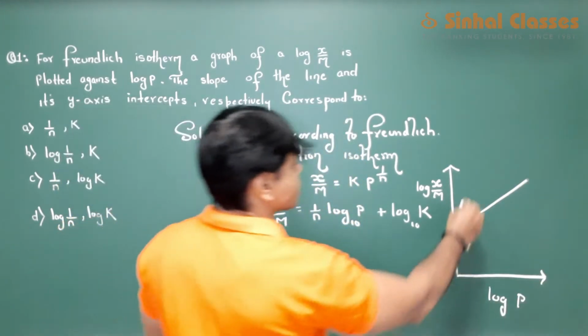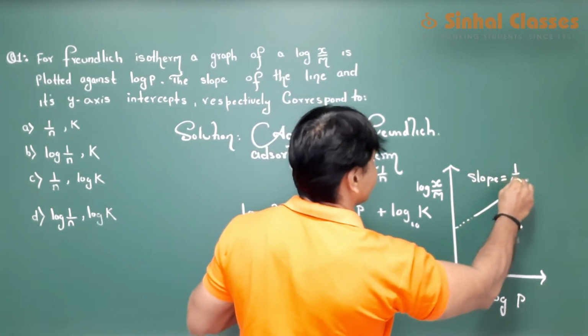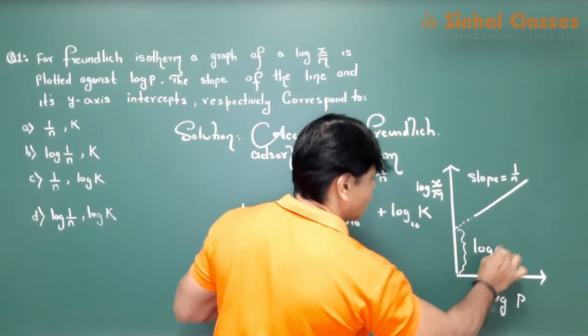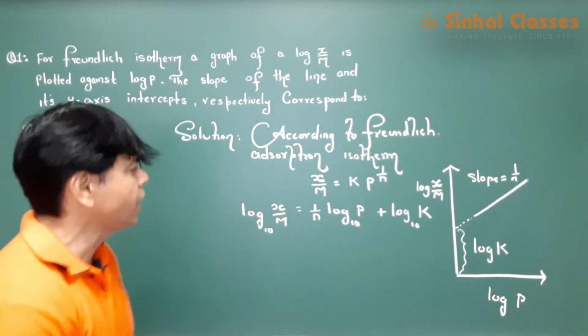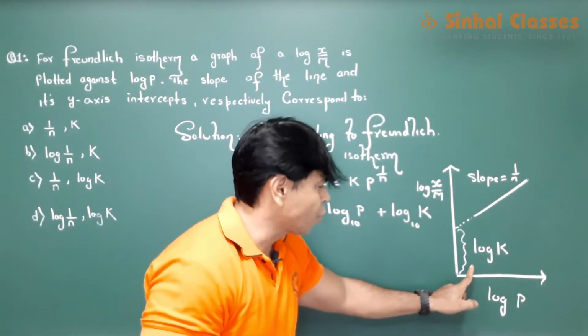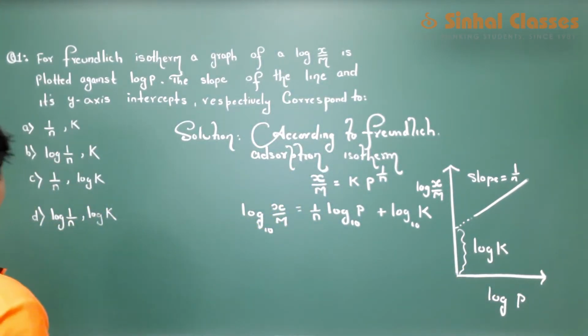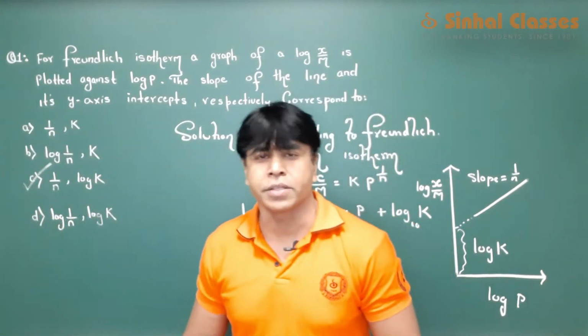The slope of it is 1 upon n, whereas the y-intercept is log k. So your answer for this question will be slope is 1 upon n and y-intercept will be log k. So the answer for this question will be C. C is the correct answer.